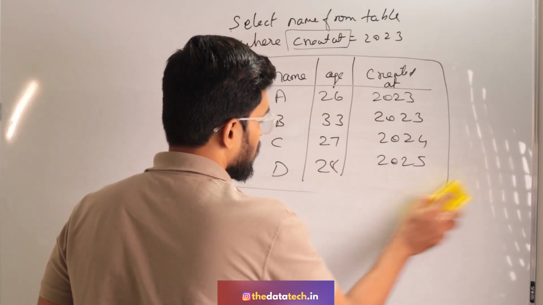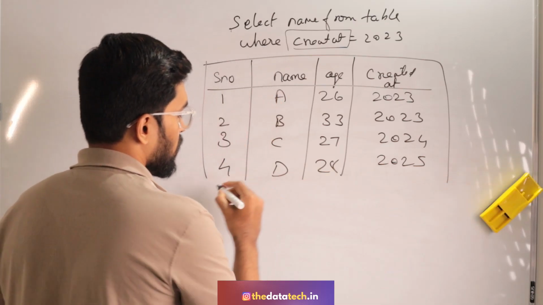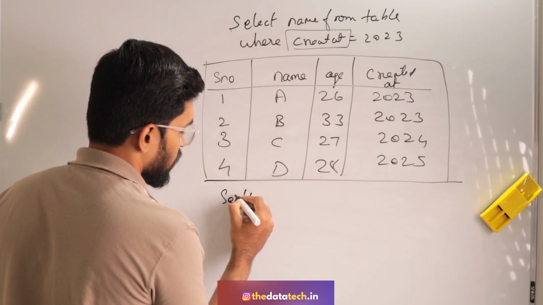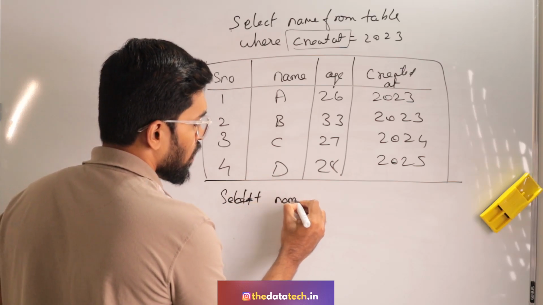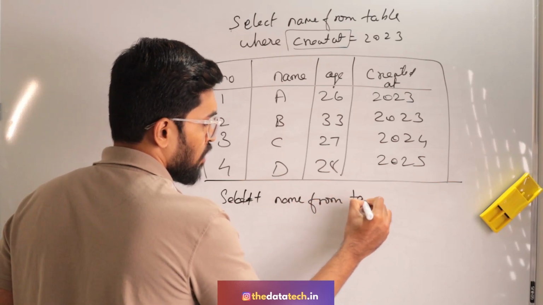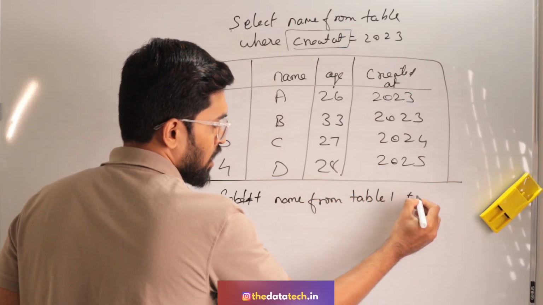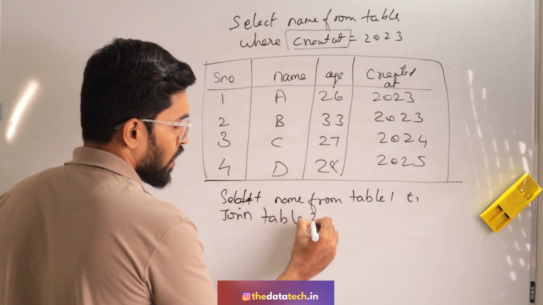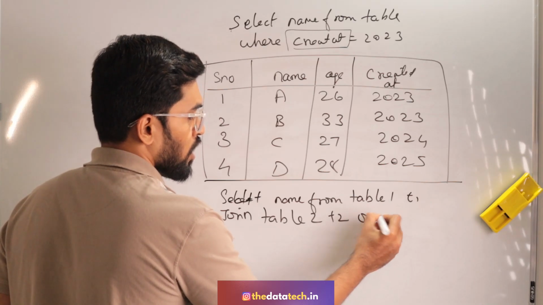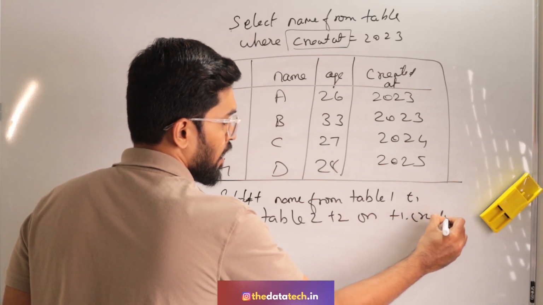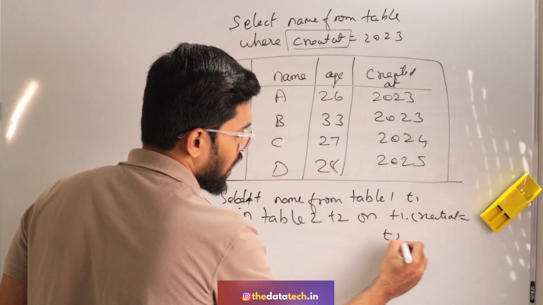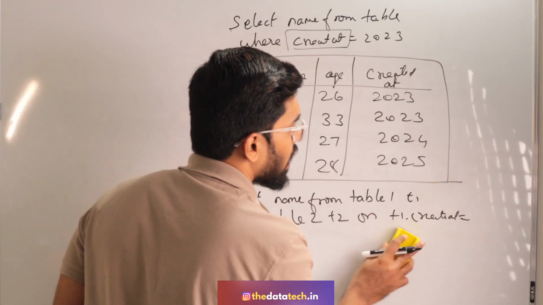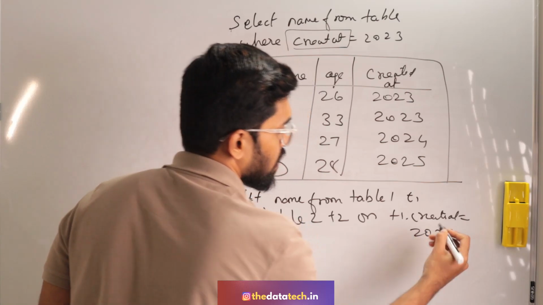Or imagine they are writing a join query, like select name from table 1 as T1 join table 2 as T2 on T1.created_at equal to T2.created_at, or T1.created_at equal to 2023.